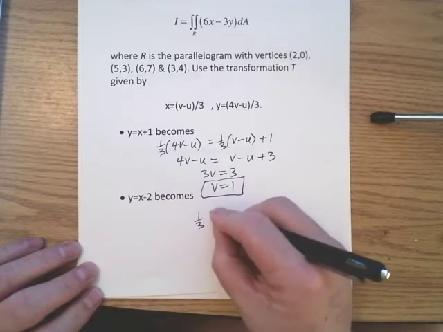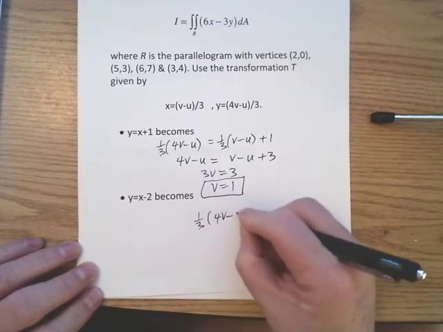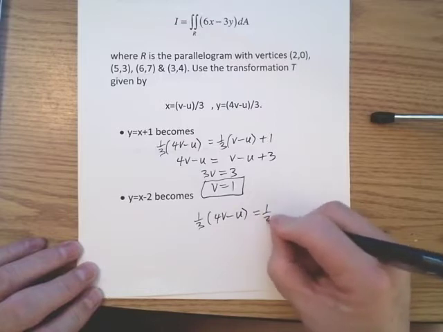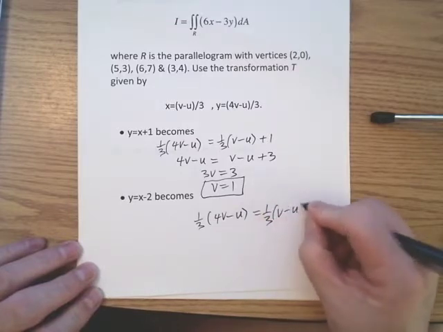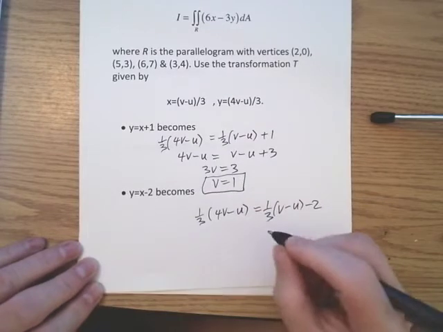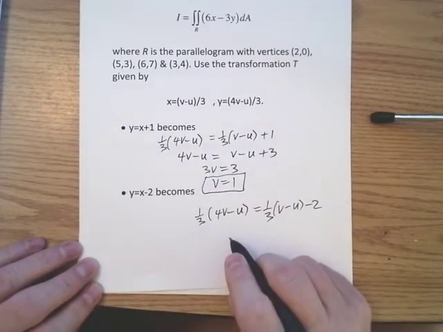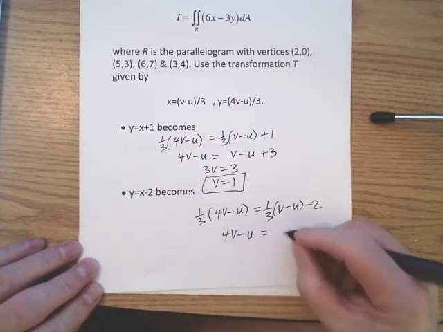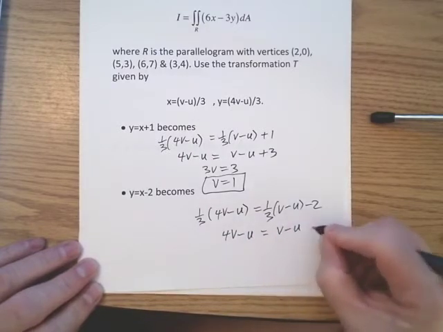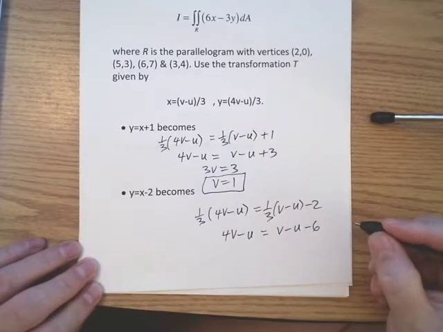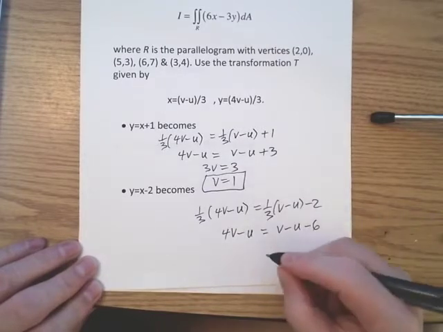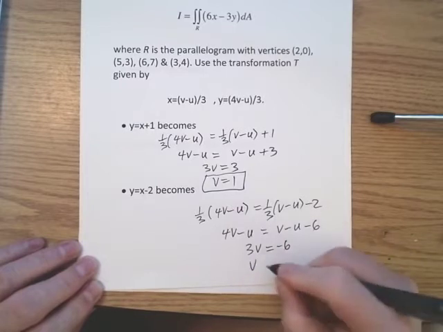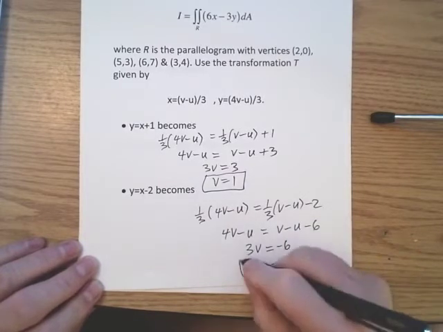Y equals x minus 2 would be 1/3 (4v minus u) equals 1/3 (v minus u) minus 2. Multiplying by 3 on each side, this ultimately breaks down to 3v equals negative 6, so v equals negative 2.